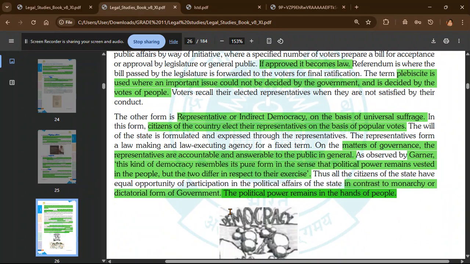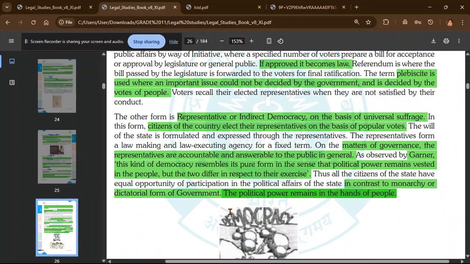So anything that happens in the state, they are accountable and answerable to the people in general. So J.W. Garner said, this kind of government resembles its pure form in the sense that political power remains vested in the people, but the two differ in respect to their exercise. So what happens here is that J.W. Garner said this type of democracy is very similar to pure democracy.